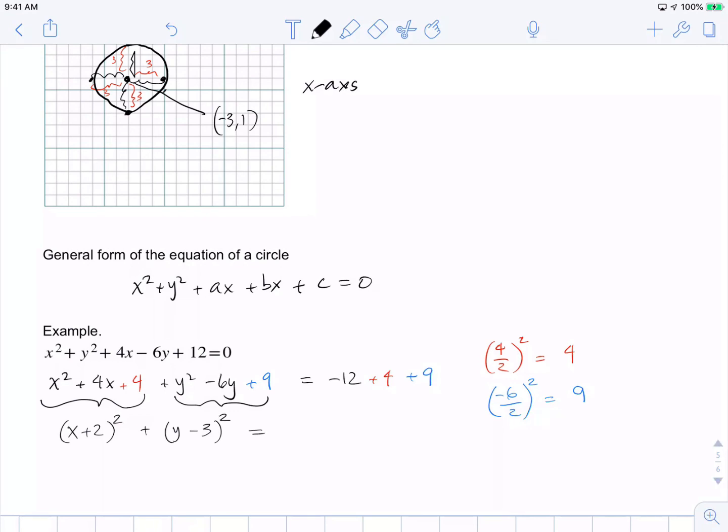And then we're going to add these 3 over here. So negative 12 plus 4 is a negative 8. Plus 9 will yield a 1. So this is our equation for this circle. And we can find easily that the center is negative 2, 3, and that the radius is 1.